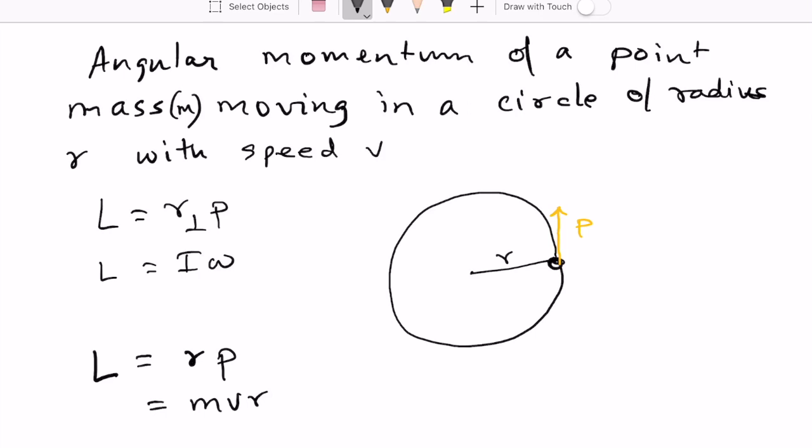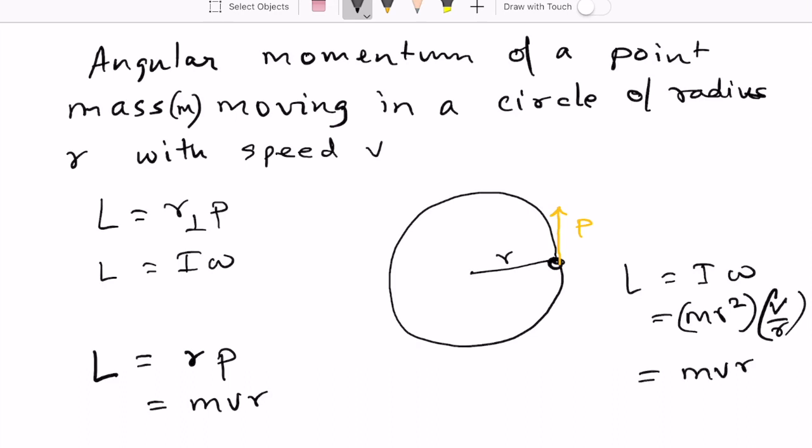And if you use I omega, let's try that. So what is the I of a point mass? L is equal to I omega is what we are doing. I of a point mass is mr squared, and omega is v divided by r. So if you simplify this, you get mvr, same thing.